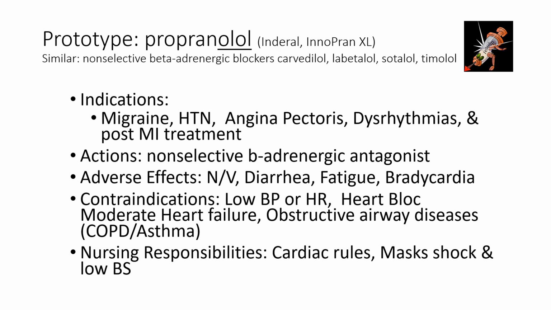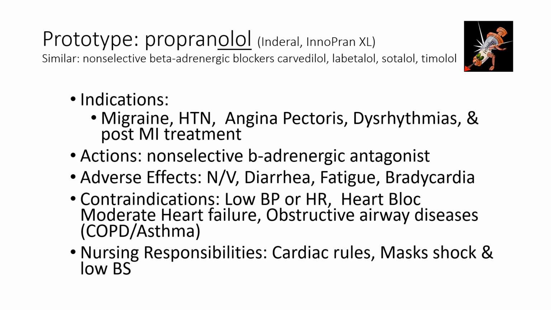It was also used for angina because it reduces the workload of the heart, as we discussed before with beta blockers. Fast heart rates, dysrhythmias, we can slow it down with a beta blocker because that's what they do in the heart.